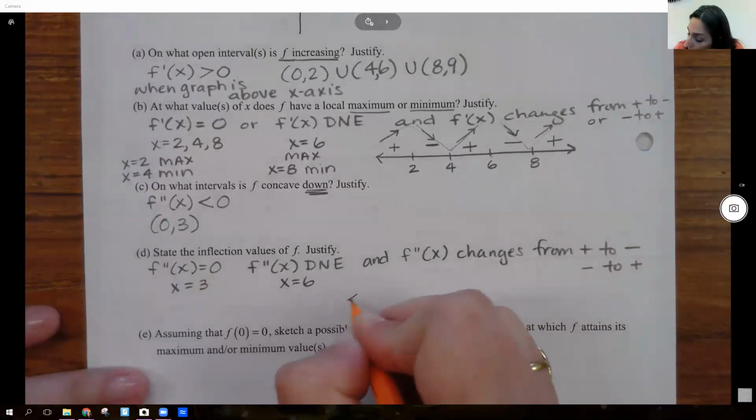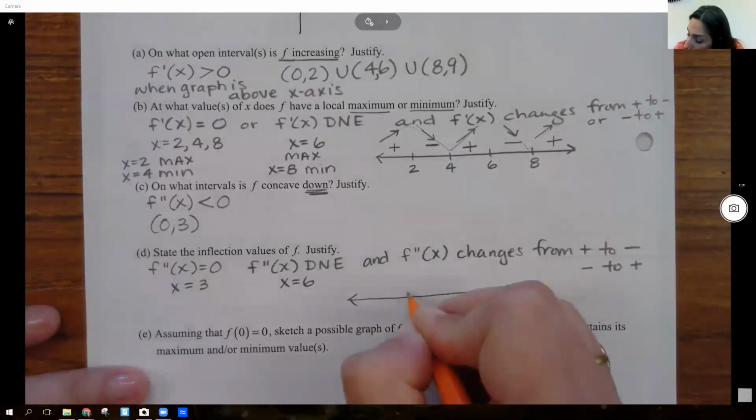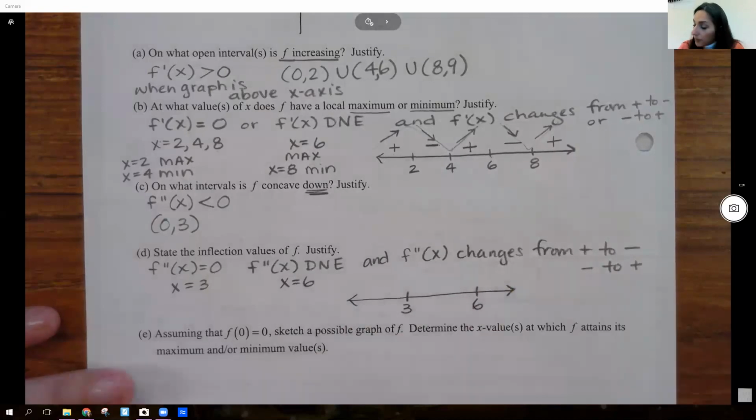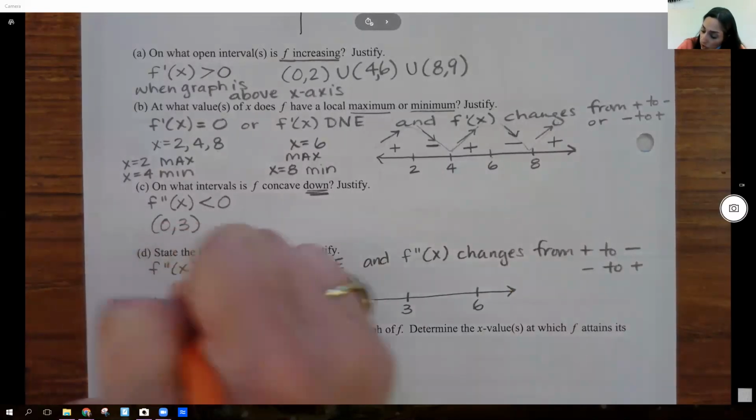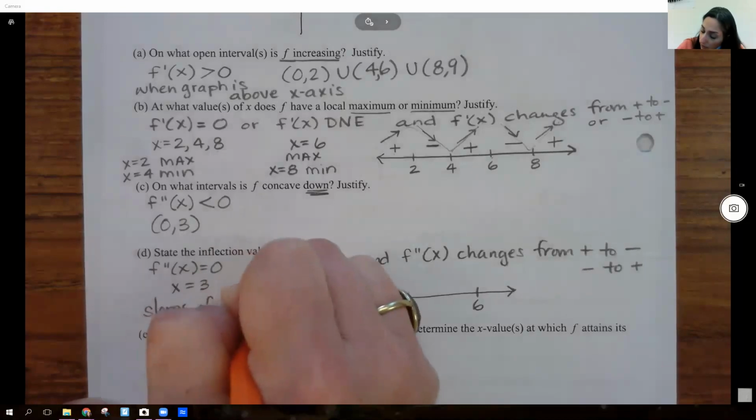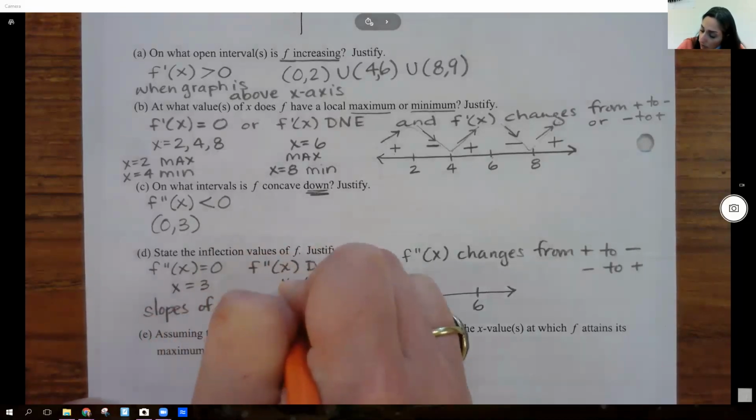So we could do our little number line again and put 3 and 6 on here. And this is looking at slopes of the graph. That's what you're thinking about here.